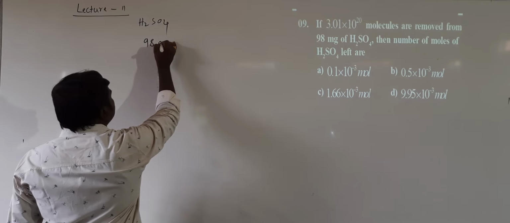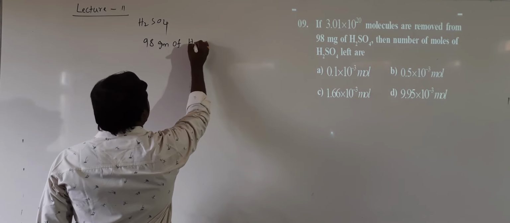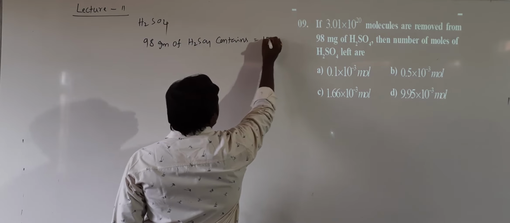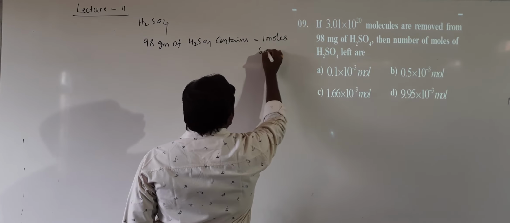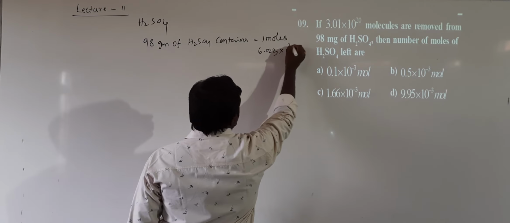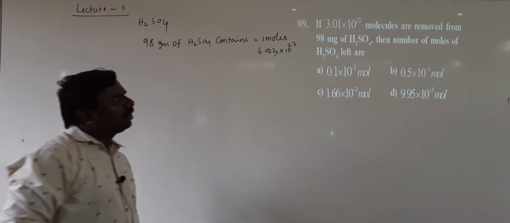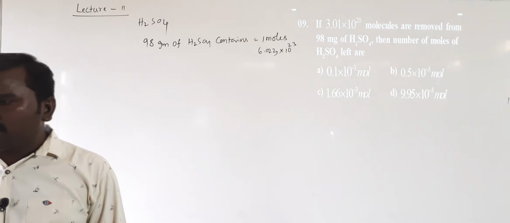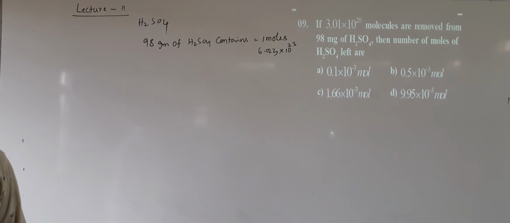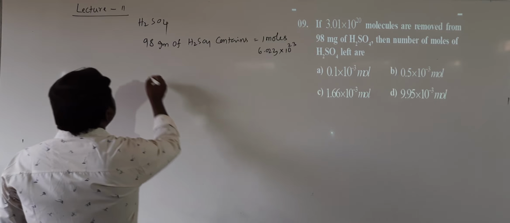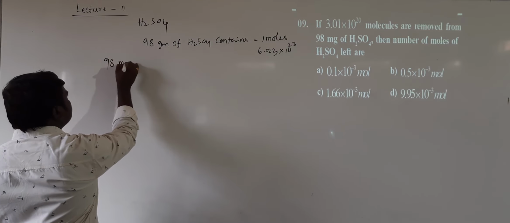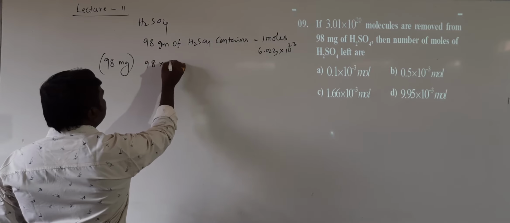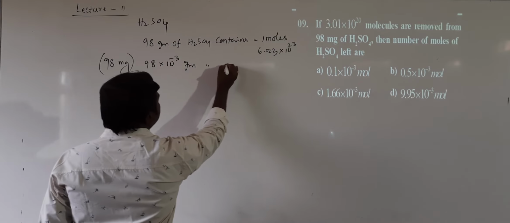98 grams of H2SO4 contains 1 mole. 1 mole means 6.023 into 10 to the power of 23 H2SO4 molecules, that is. 1 mole means Avogadro number. Okay. 98 milligrams, it is nothing but 98 into 10 to the power of minus 3 grams of H2SO4.